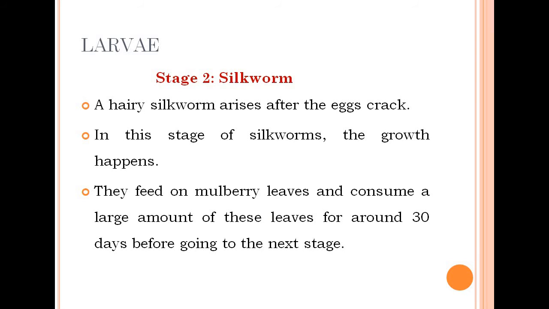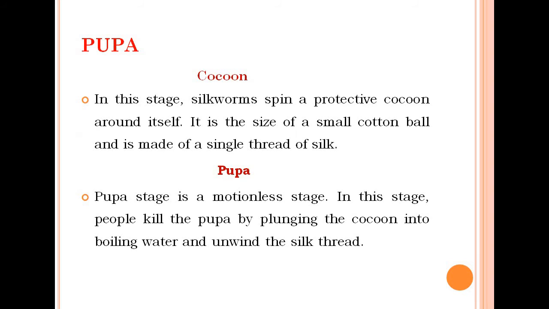They consume leaves for around 30 days before going to the next stage. So the time lapse is 30 days before going from the larva stage to the pupa stage.